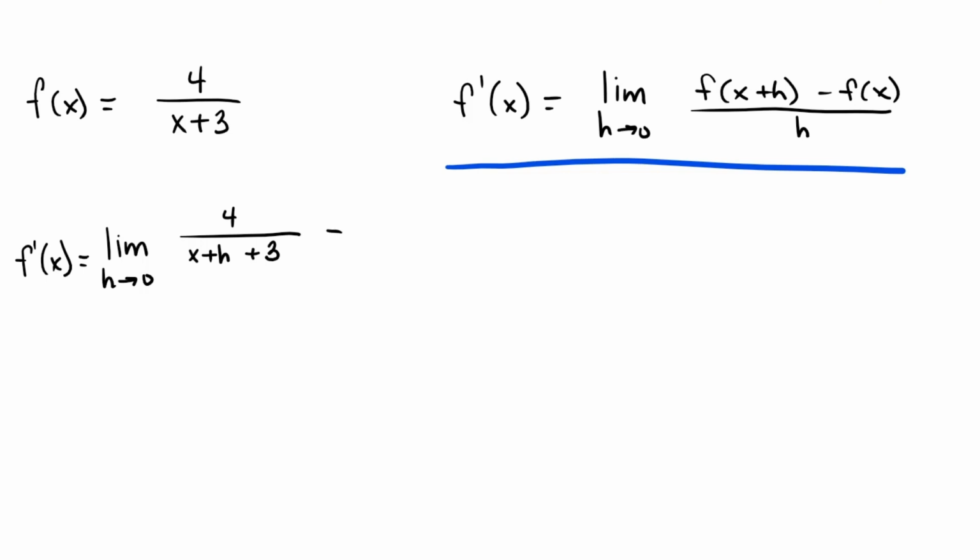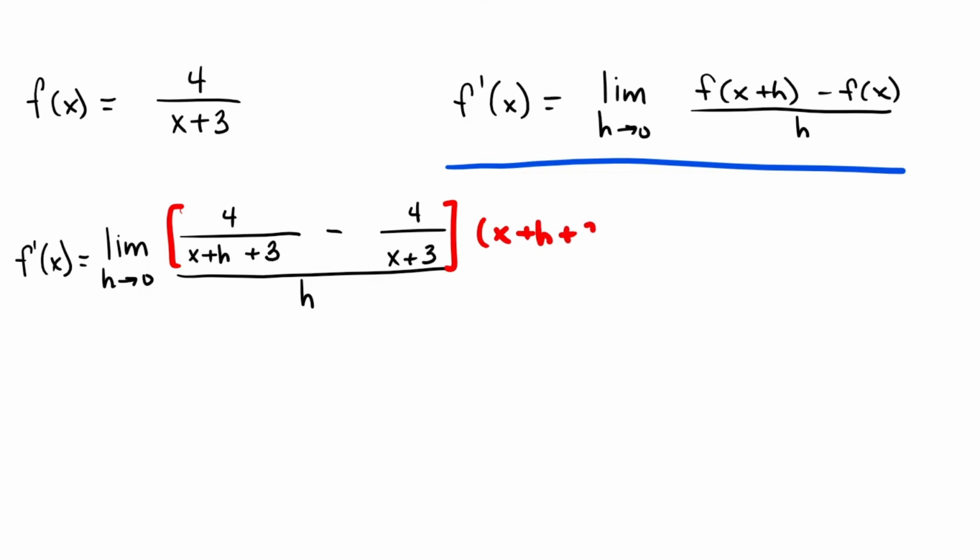And then we subtract off the original function, which is 4 over x plus 3, and then we divide the entire thing by h. And what we have now is a complex fraction, which means we have to multiply by something that's going to wipe out the denominators that are in the numerator there. So the LCD between these two denominators is simply the product of the two.